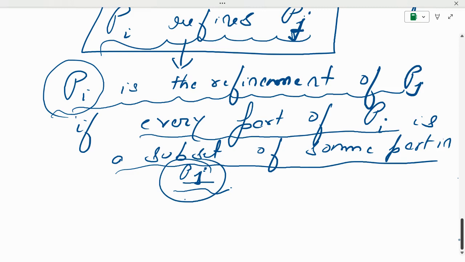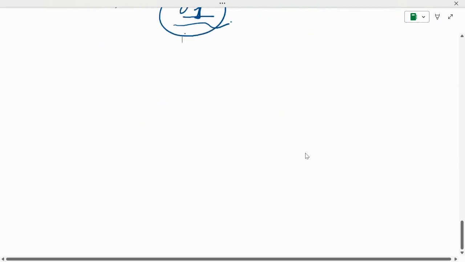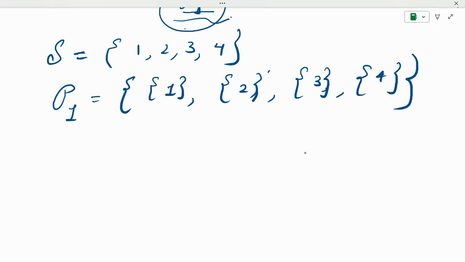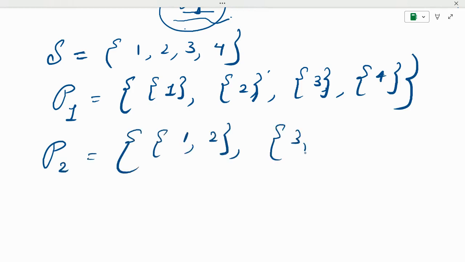Now let's see what this statement means regarding refinement. Suppose we have the set S = {1, 2, 3, 4}, and let's define two partitions on set S. Let P1 be a partition consisting of {1}, {2}, {3} and {4}, and P2 another partition consisting of {1, 2} and {3, 4}.